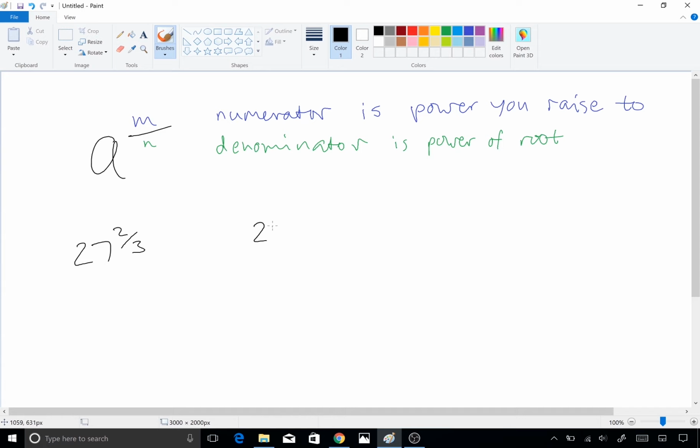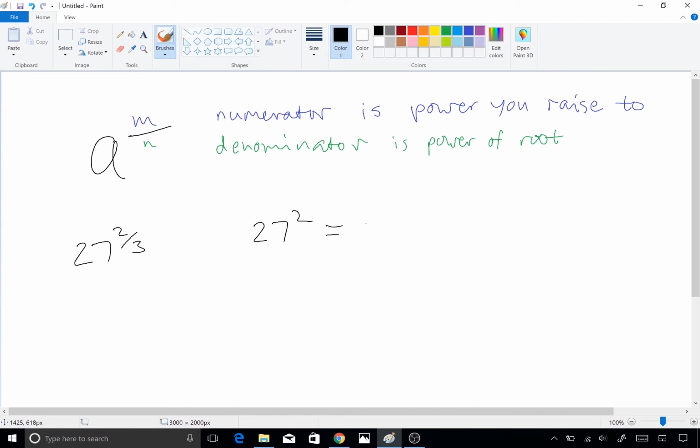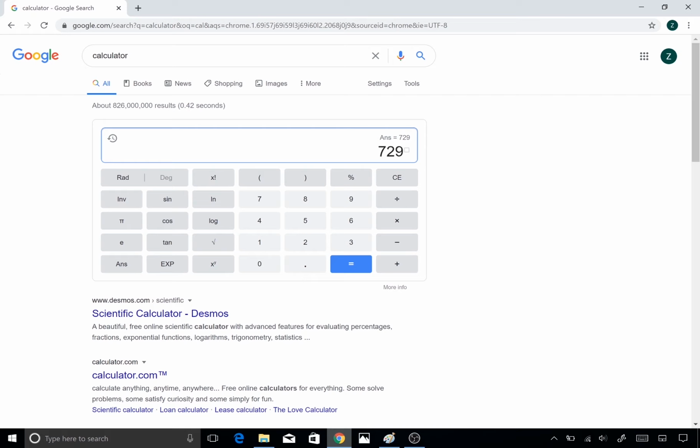I could find 27 squared, which is 729, and then take the cube root of that, and that gives me 9.